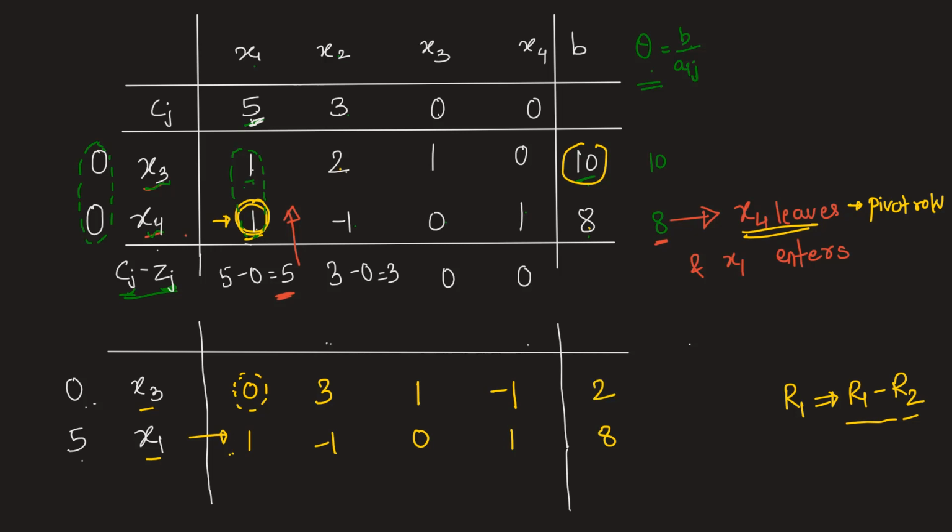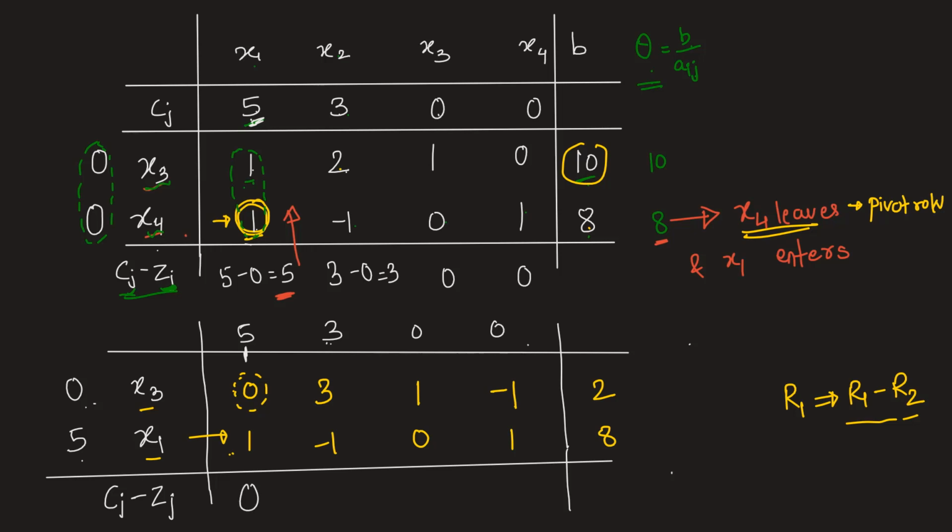Now we will compute Cj minus Zj in order to get the value of the objective function Z. Using the same procedure that we followed earlier, we write the coefficients of x1, x2, x3, x4 in the objective function as 5, 3, 0, 0. Now Cj minus Zj for the first term will be 5 minus 0 into 0 plus 1 into 5. So it is 5 minus 5, 0.